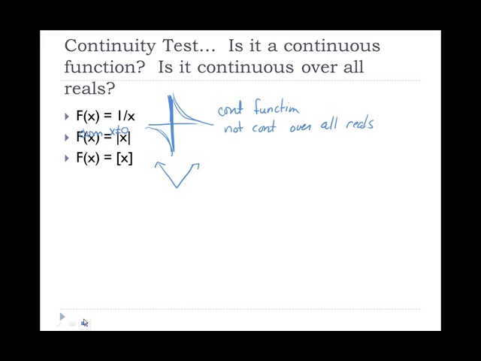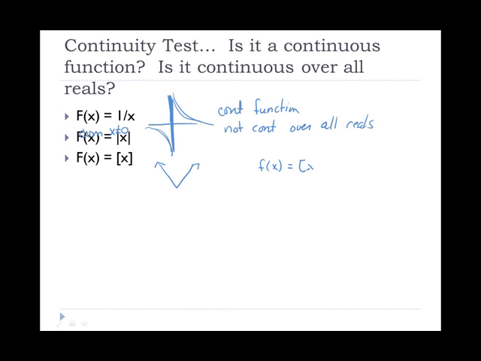Next one, this is the integer function. The integer function, f of x equals greatest integer function of x. It's a step function. It's kind of weird looking. It goes something like this. Okay. And so that's a step function.